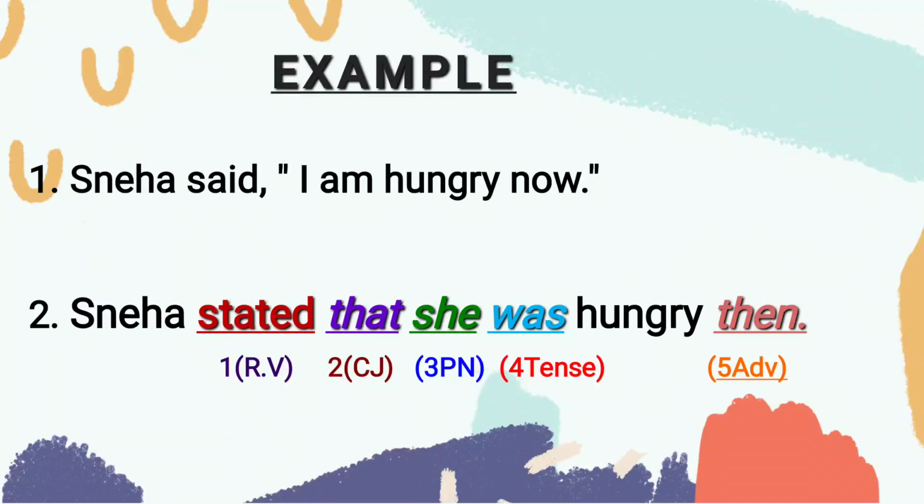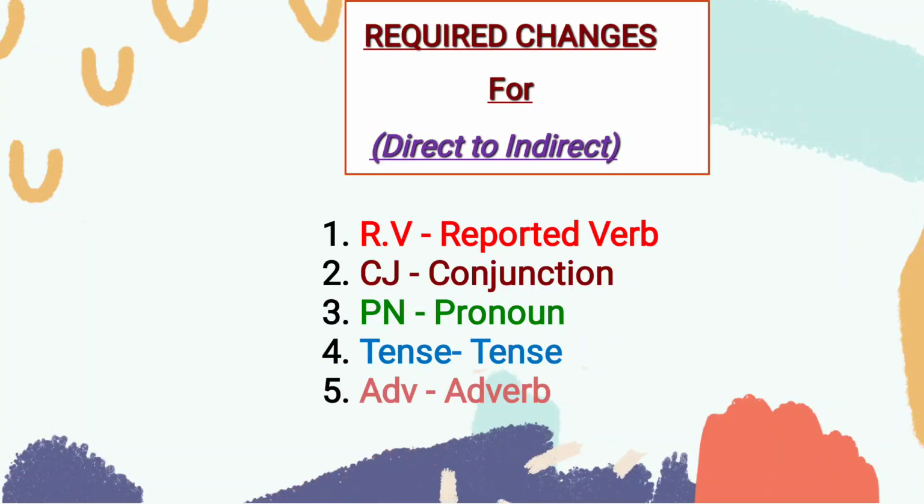Second one is in conjunction. Third one is in pronoun. Fourth one is in tense. And the last one, the fifth one, is in adverb. These are the required changes for direct to indirect speech.